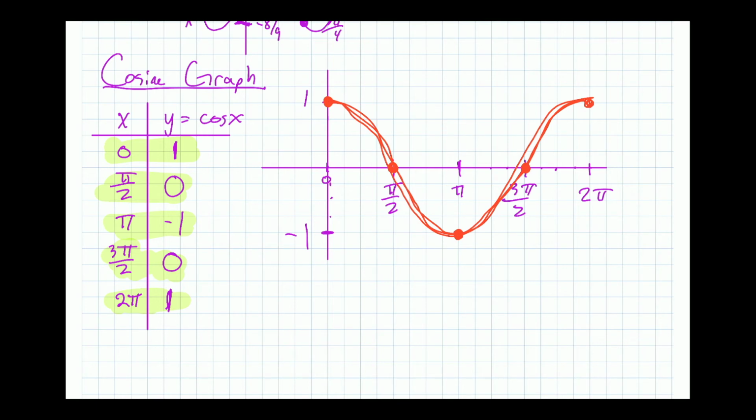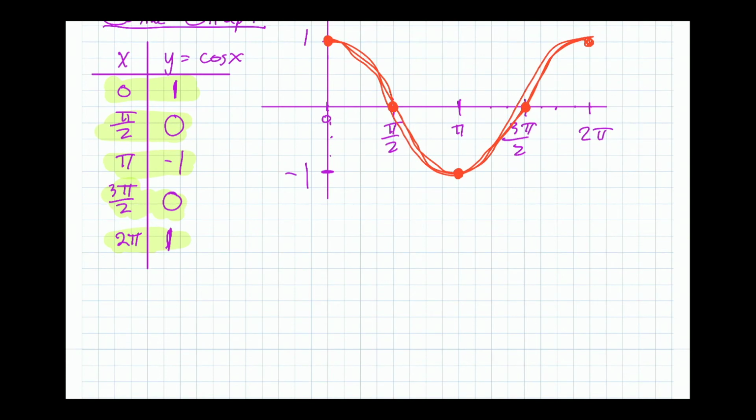Now, just like the sine graph, this graph repeats because you've gone all the way around the circle once, and if you keep going, then the pattern will repeat itself. I'm not going to plot as much of it as I did for the sine. I'm just going to graph a little bit of it here.